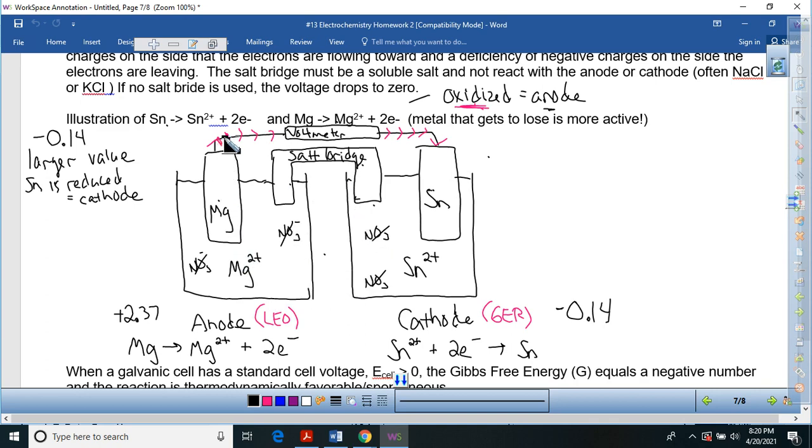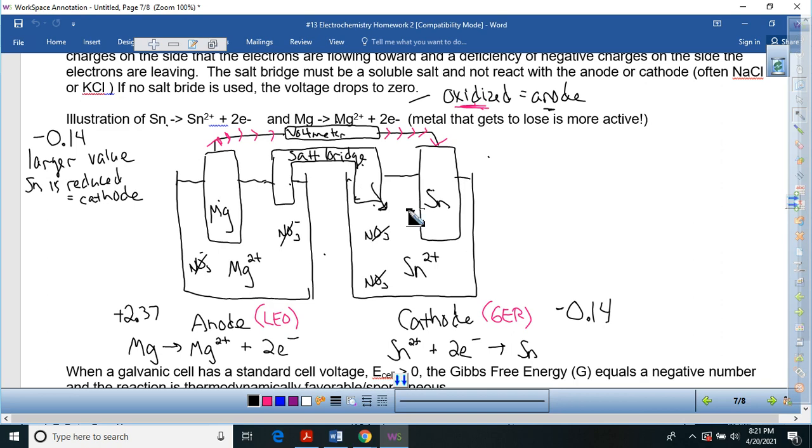So if I have all of these negatives traveling over to this side of our battery, our galvanic cell, over time you're going to have all these extra negative charges on our cathode side. And so you're going to have a buildup. The purpose of the salt bridge is it allows a flow of positive ions into the solution to balance out this buildup of electrons on this side.